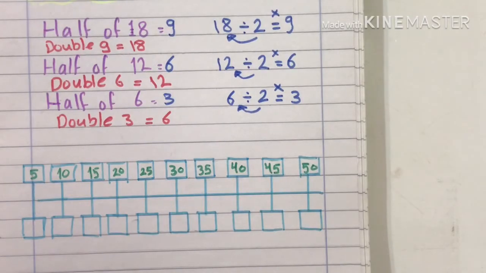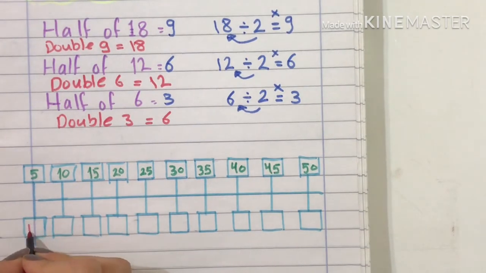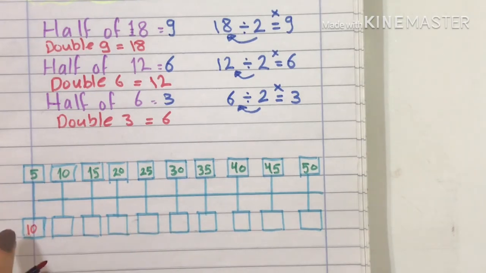Now let's take a look at this number line here. This number line is really helpful in knowing halves and doubles of these most familiar numbers. I started with 5. Double 5 is 10, and half 10 is 5.